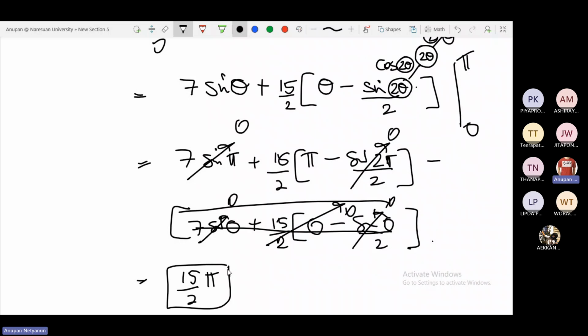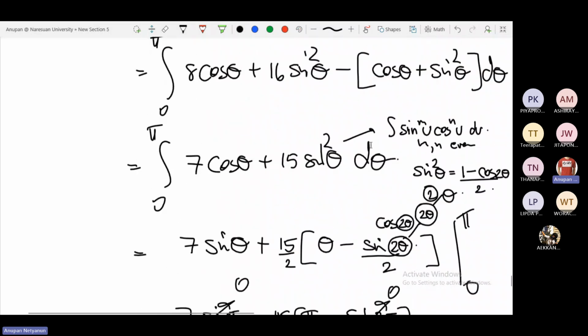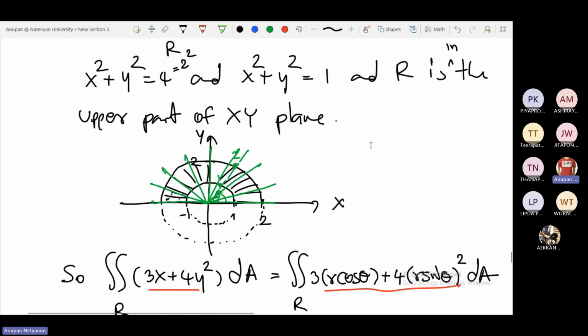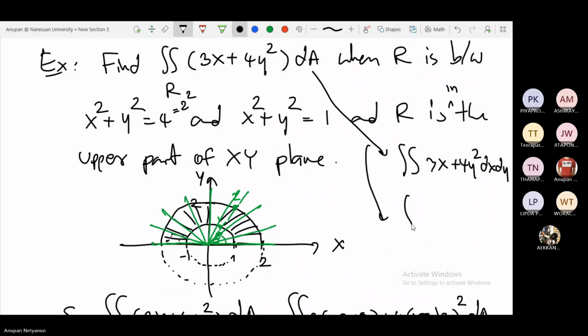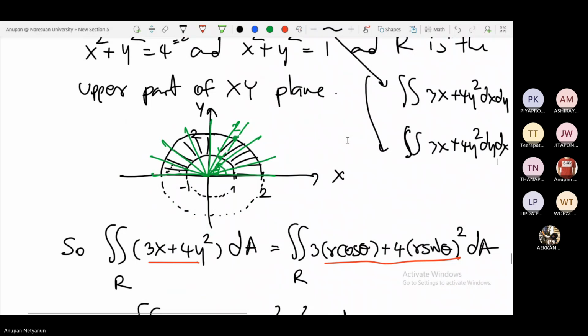Okay. Now, let me show you that for these problems, if you try to do it in rectangular coordinate system, which is either you change this to dx dy or dy dx, you will see a problem. You can still do it, but it's going to be very, very complicated.